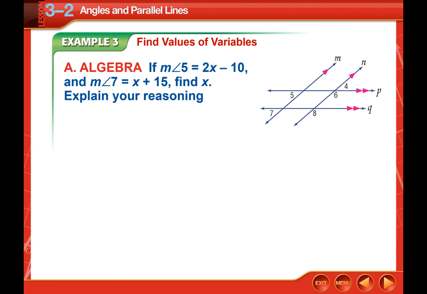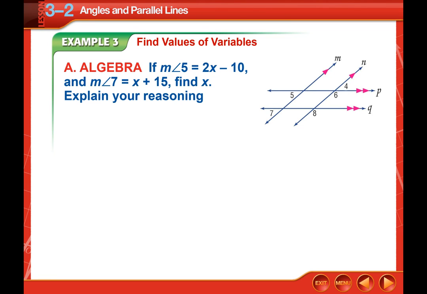Okay, some new lines here. We are going to work out how to solve for particular variables and find their values. Here we have two sets of parallel lines that can act as transversals to one another as well. P is parallel to Q, M is parallel to N. That's found by the arrowheads marking the lines, those pink or red arrowheads.